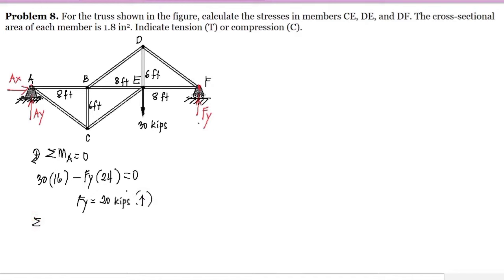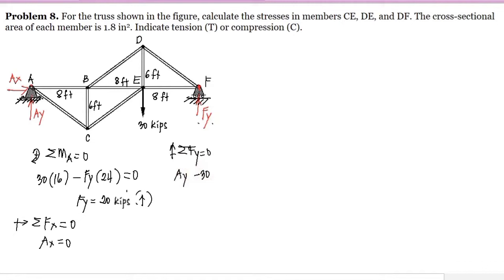So solving for the summation of forces horizontal is equal to 0, and we assume that direction to the right is positive. As we can see here, only the Ax is a horizontal force, so meaning Ax is equal to 0. Summation of forces vertical is equal to 0, taking the upward direction as positive. Then we have Ay upward and 30 kips, that's downward, so it's negative.